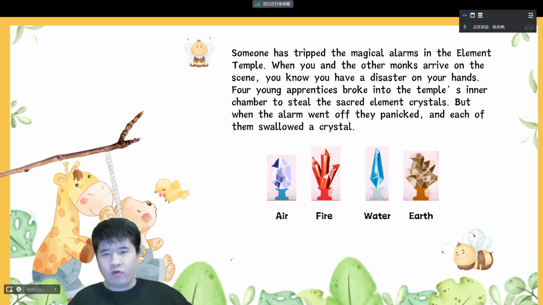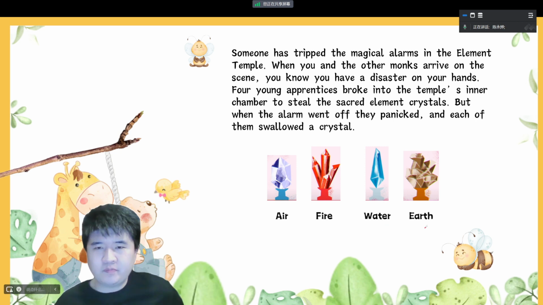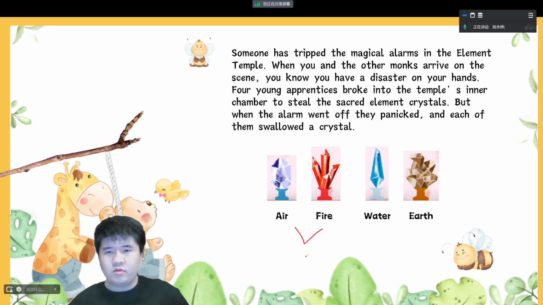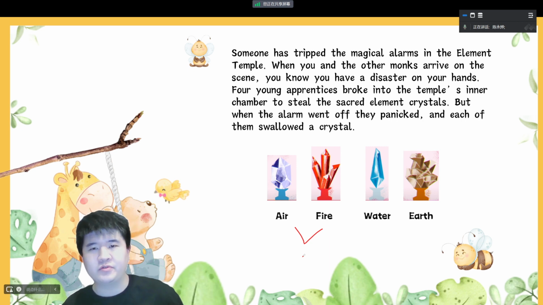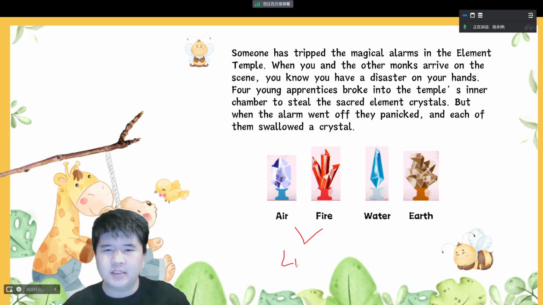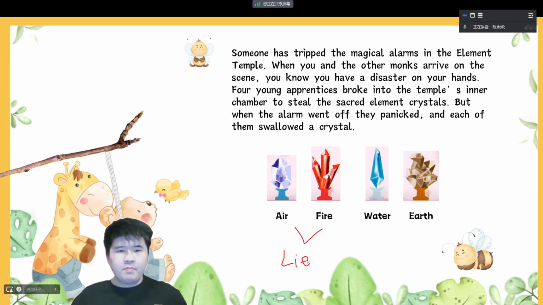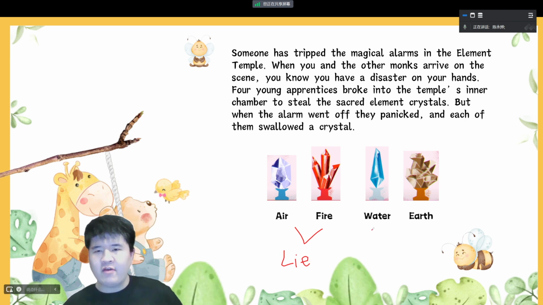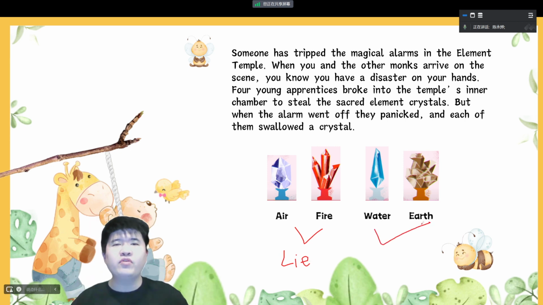The four crystals, air, fire, water and earth, have different functions. The ones who master the air and fire crystals must tell lies. And the ones who have the water and earth crystals must tell the truth.